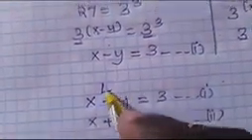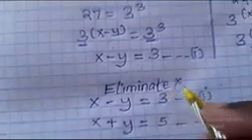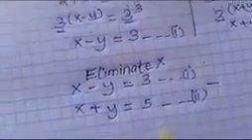So I'll use the elimination method. I'm going to eliminate x. To eliminate means just to take away. So when I eliminate x, it means I'm going to take away the two equations. So x minus x is equal to 0. And here we have negative y minus y.